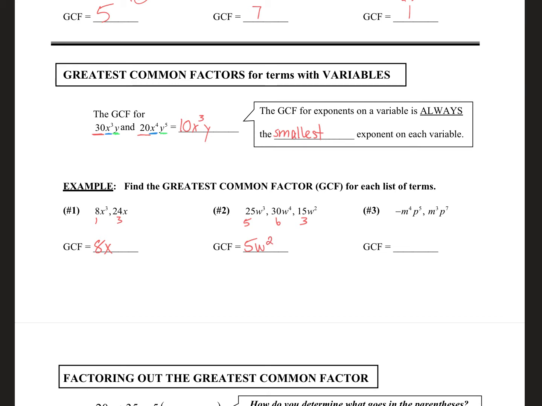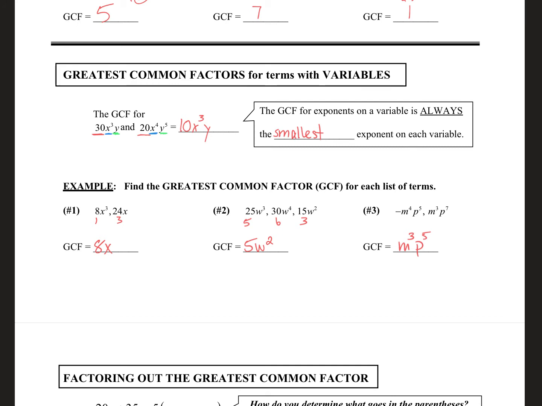All right, and let's take a look at the third example. We have negative m to the fourth, p to the fifth, and m cubed, p to the seventh. So again, smallest exponent in the variable. So m cubed is the smallest exponent, and then p to the fifth is the smallest p. And I also want to point out that we have that negative m to the fourth, p to the fifth.